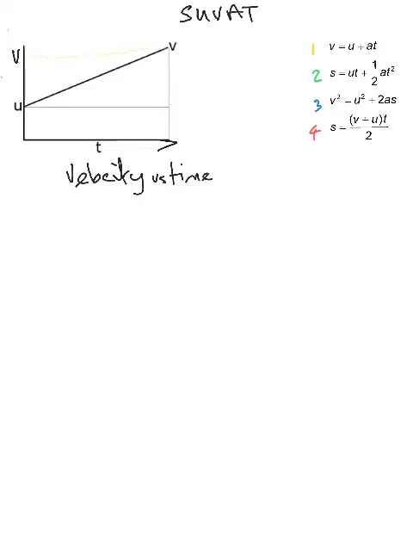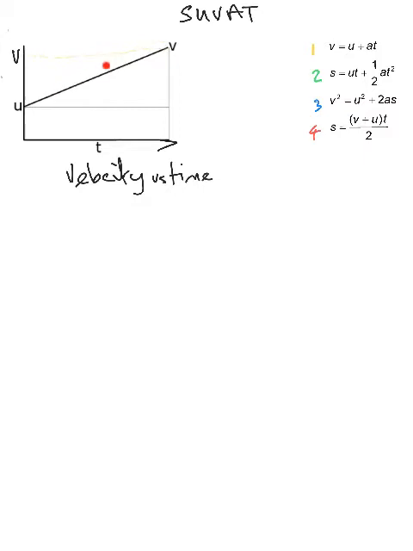From our knowledge of motion time graphs, we know that the area under the velocity versus time graph is going to represent the displacement. We will use this principle to derive the S in the suvat. The second thing is the gradient.